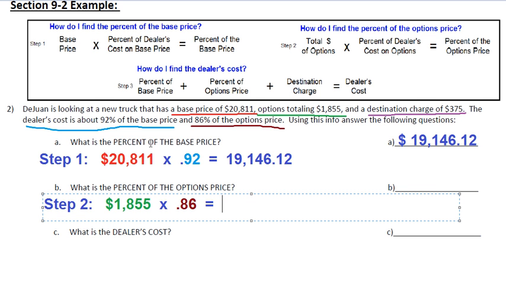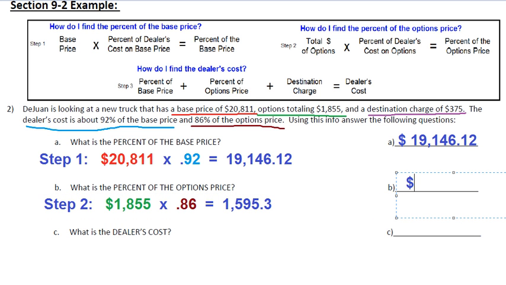Hopefully you understand that once again you move the decimal over twice to turn it from being a percentage to a regular decimal number. So, now that you've got your formula all set up, you can now do the math and find that it's $1,595.30. Just because your calculator shows it like that doesn't mean you get to write it like that. You got to make it look like money. So add that 0 to make it look like 30 cents.